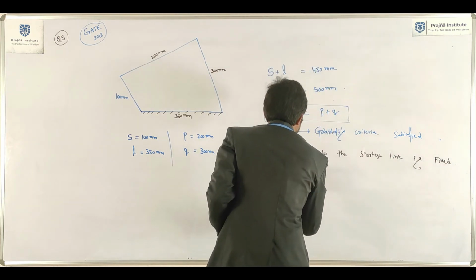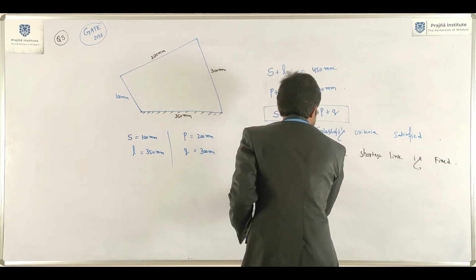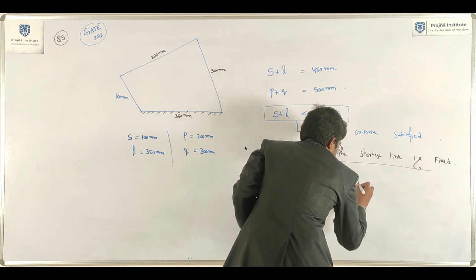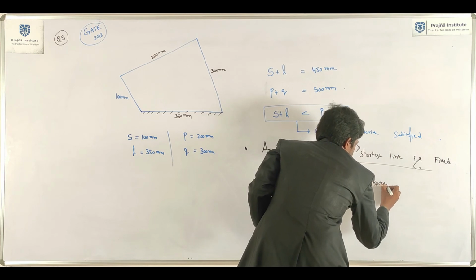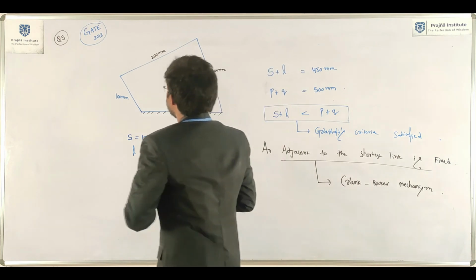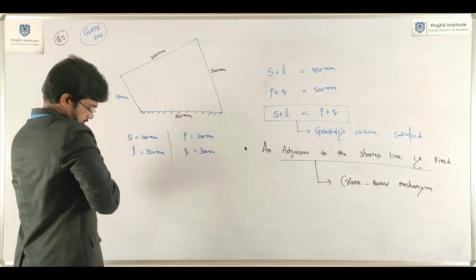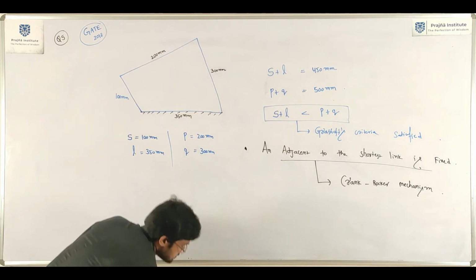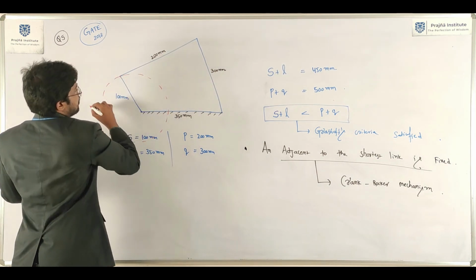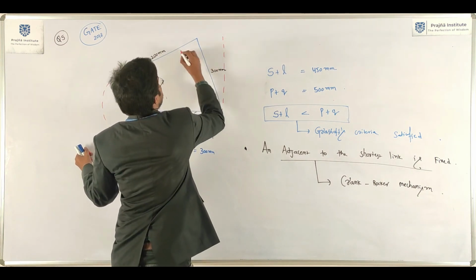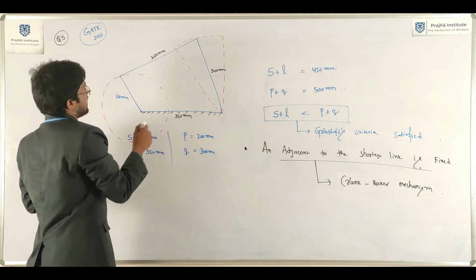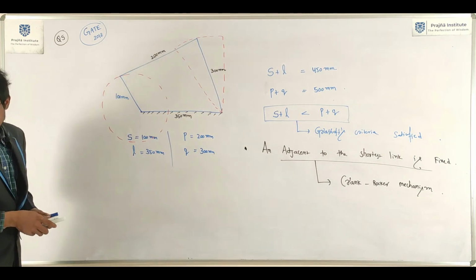In that case, the resultant mechanism is a crank rocker mechanism. It is fixed na, so you will get one crank here. It is a rocker. Okay, crank rocker mechanism. What do they ask you, tell me?